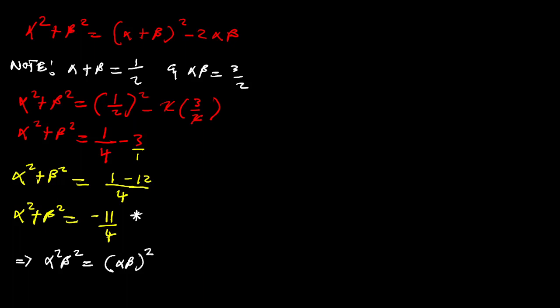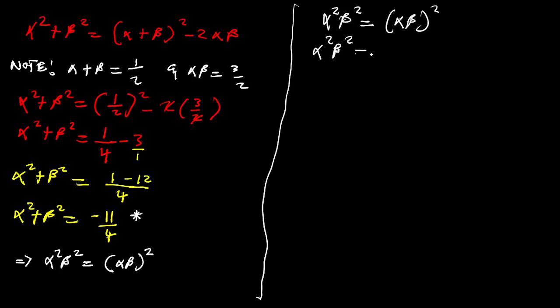So after you have such information, alpha squared beta squared is equal to open bracket alpha beta squared. When you have such information, you can simply say alpha squared beta squared is equal to, where there is alpha beta, you're going to put 3 over 2 and then squared.